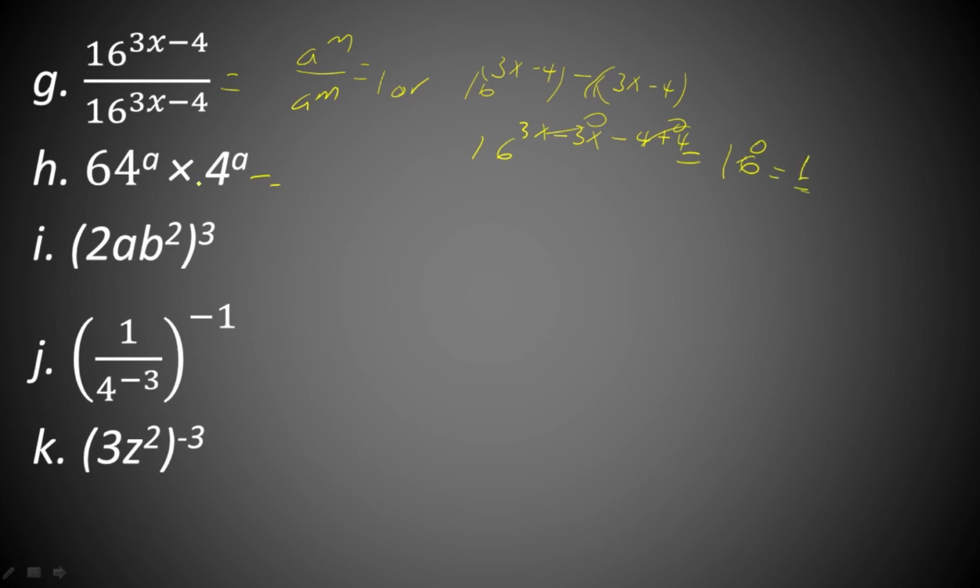Again, for h: 64 to the power of a times 4 to the power of a. This is how we handle the same exponent but different bases.